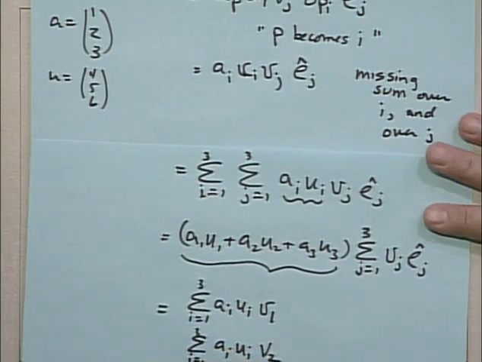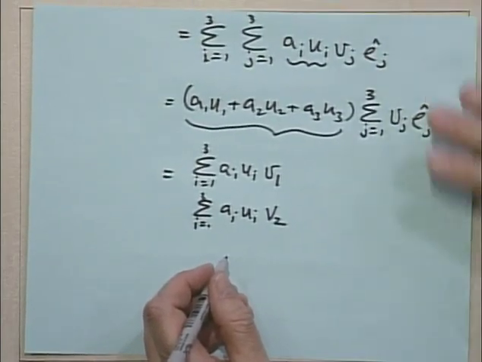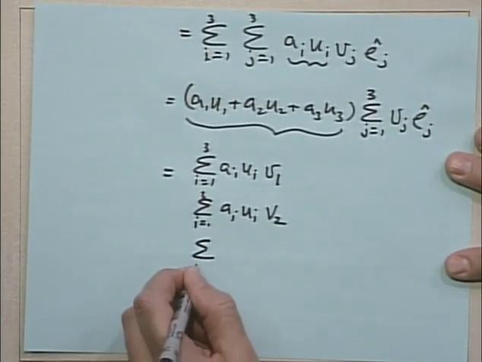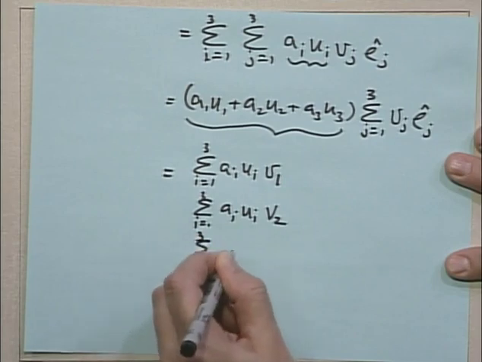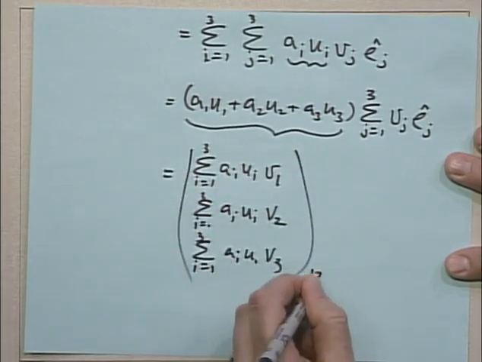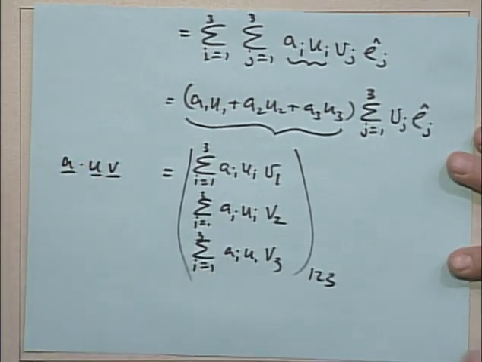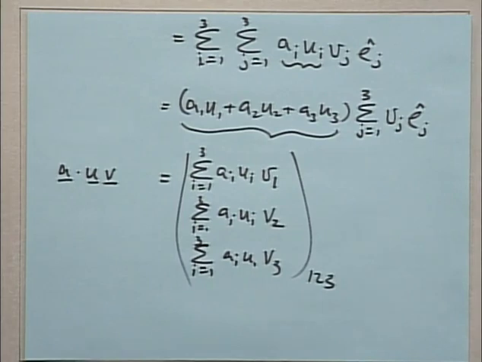That's the 2 component. Summation i equals 1 to 3 of ai ui, v3. That's the 3 component. That's the answer for a dot uv, written in the 1, 2, 3 coordinate system.